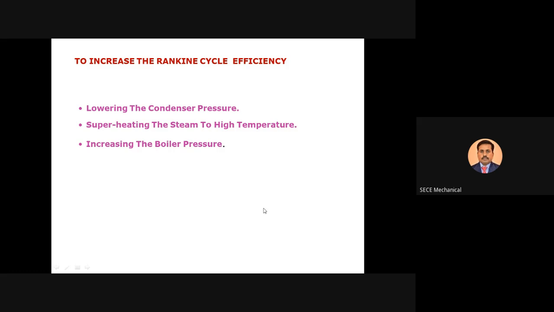We are going to discuss later what accessories are involved in the boiler and how the boiler functions. So now we have seen how we can improve the Rankine cycle efficiency: by lowering the condenser pressure, adding a superheating device, and increasing the boiler pressure.